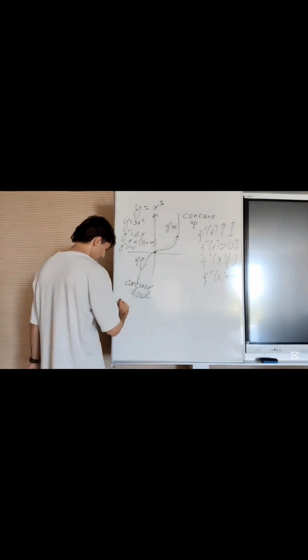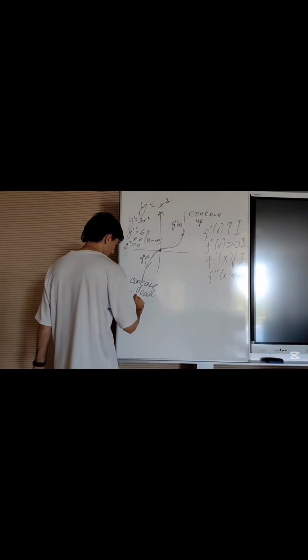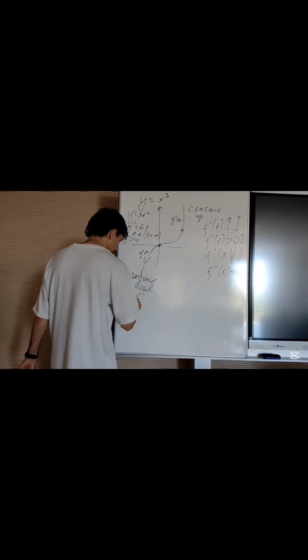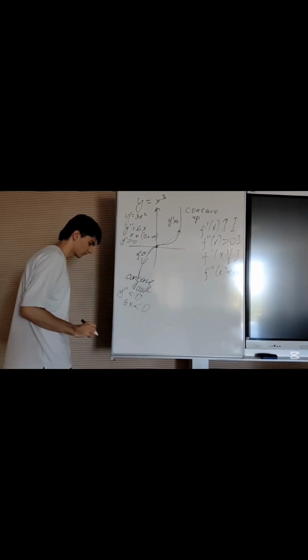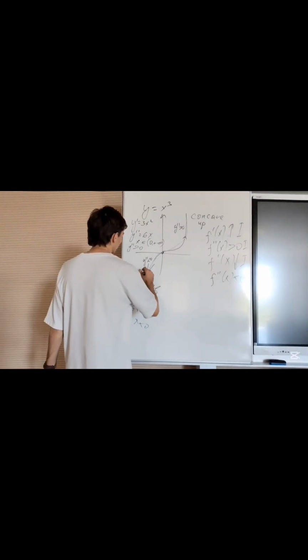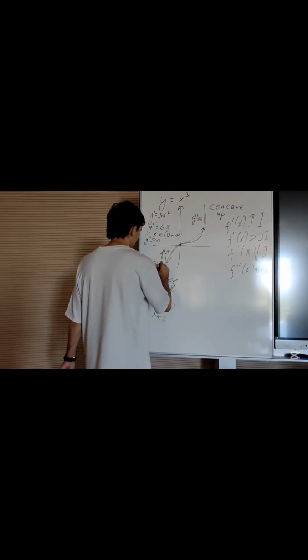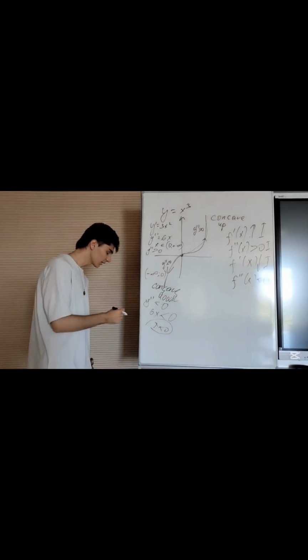And when the second derivative of y is less than 0, it's going to be 6x less than 0, so x is less than 0. So for our function to be concave down, the interval is from negative infinity to 0, as the solution of this inequality.